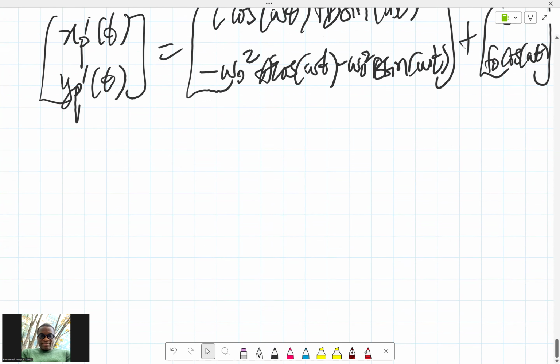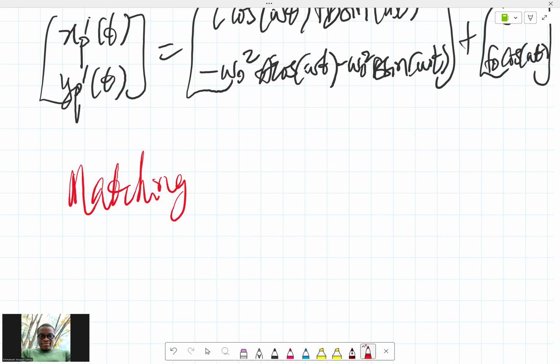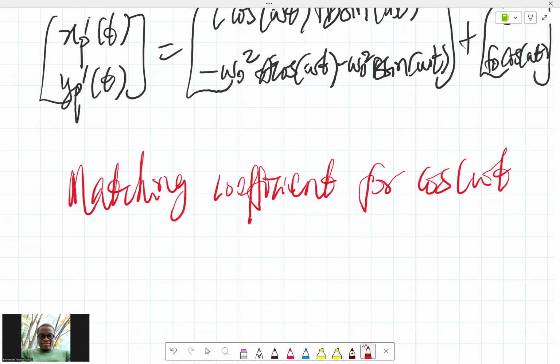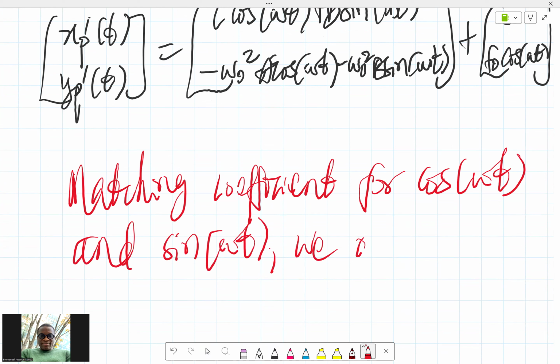We now need to match coefficients for cos omega t and sine omega t. So we have to compare.